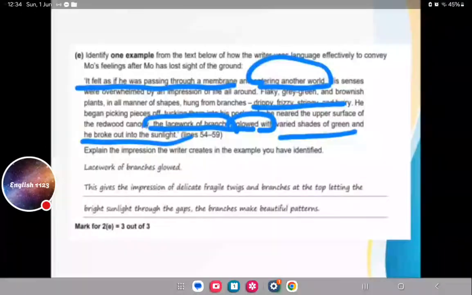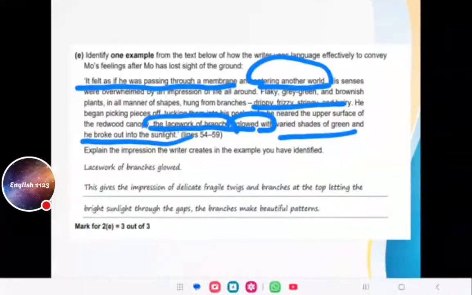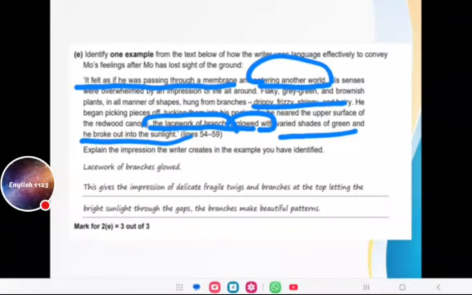So, the first thing that you have to do is choose an example that you think you can explain, or where you clearly understand what is meant by that phrase, that sentence, or that word. The most important thing is that you have a very good understanding of the whole text.